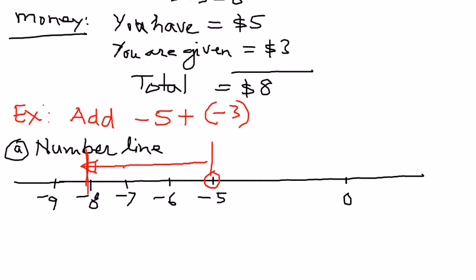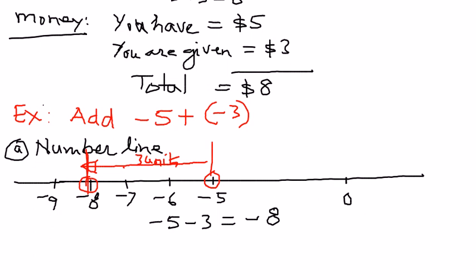We have added 3 units to -5. Wherever this 3 units ends, that will be our answer. So this -8 is our answer. When we add -3 to -5, the value is going to be equal to -8.